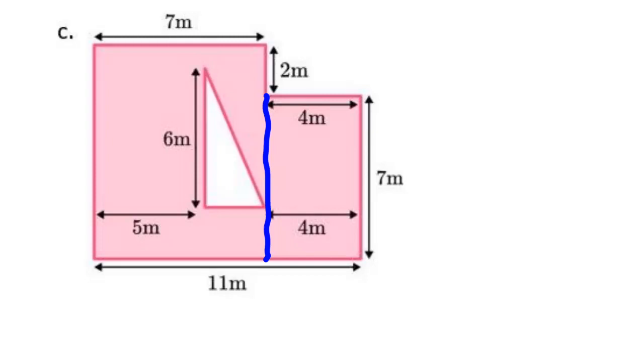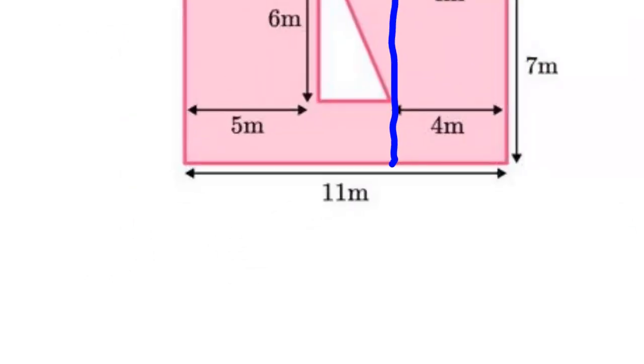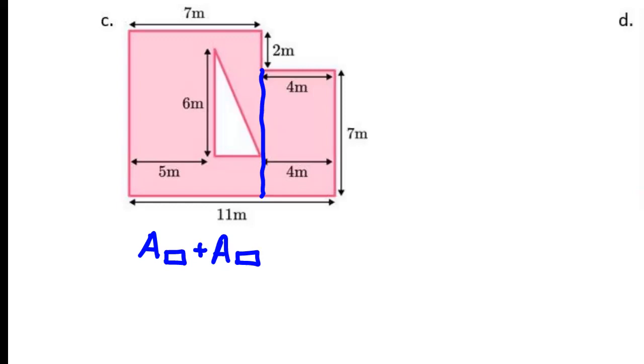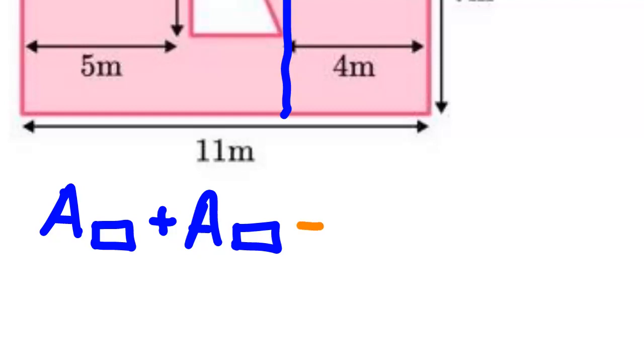It doesn't matter where we cut this. Left and right. Sounds good. Okay, so I'm going to need to take the area of one rectangle and add it to the area of another rectangle. And then what shape is the hole that we need to remove? A triangle. So we're going to subtract the area of a triangle.